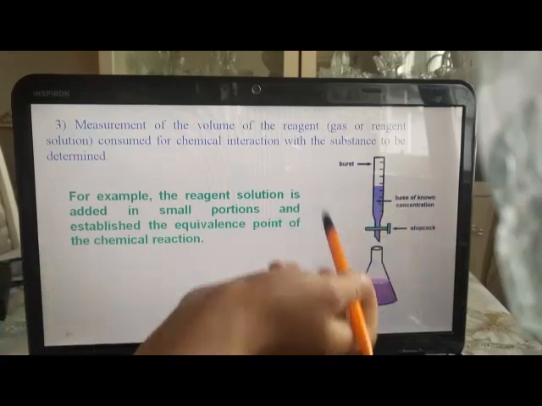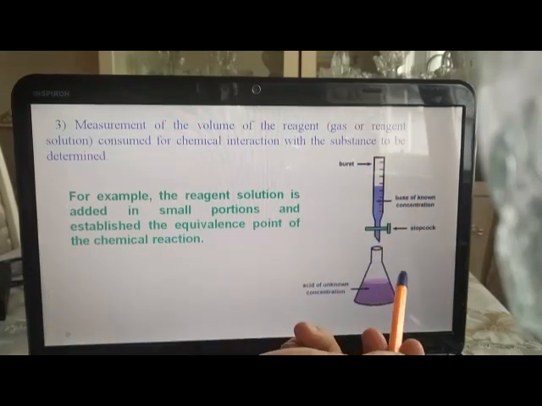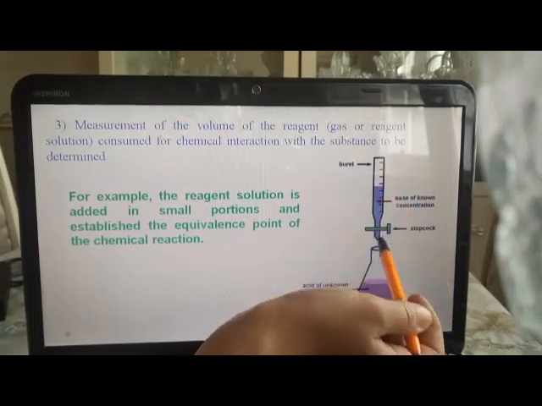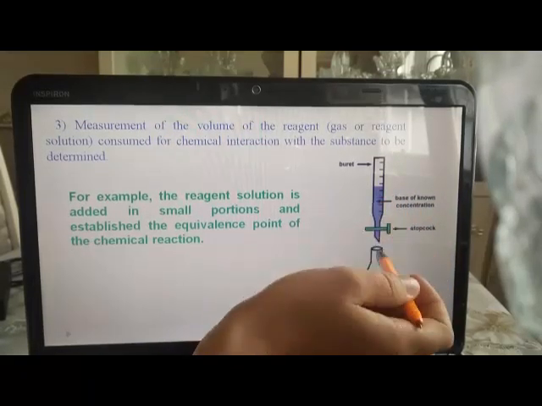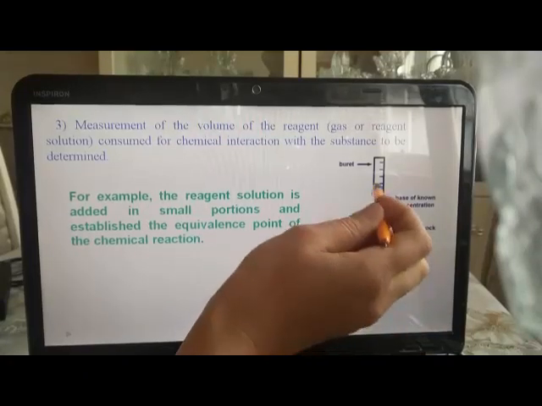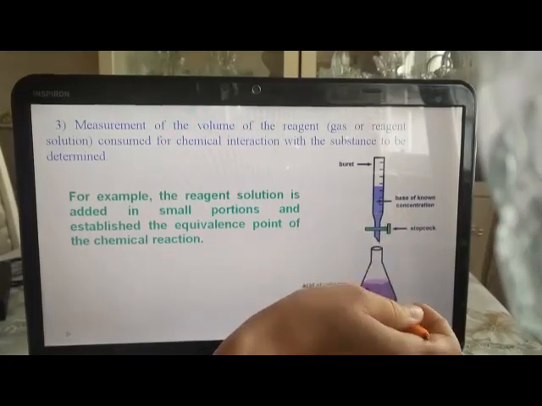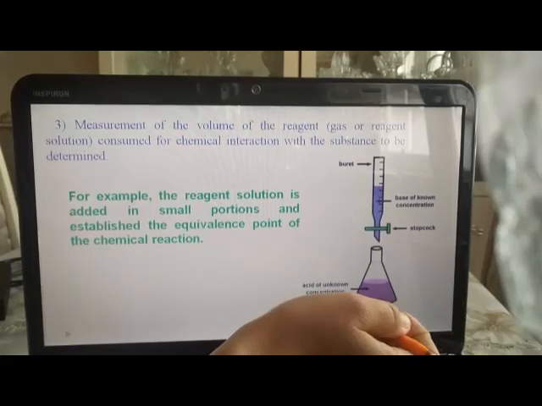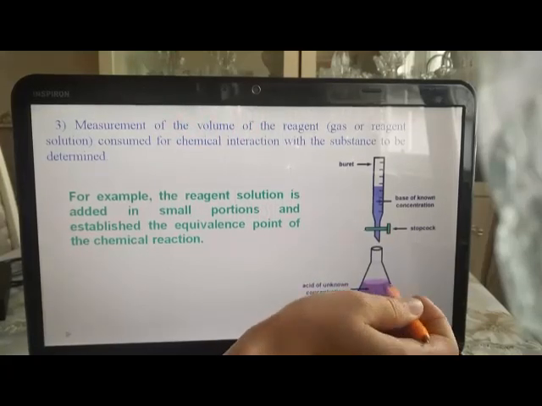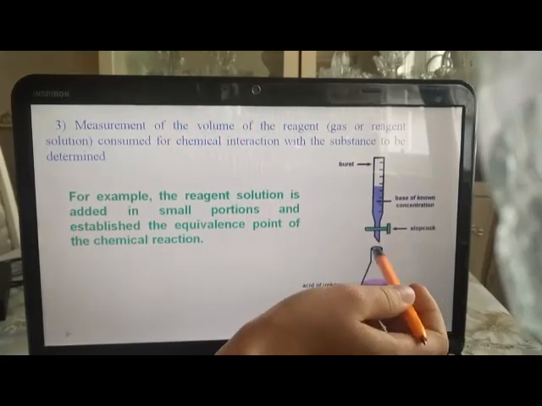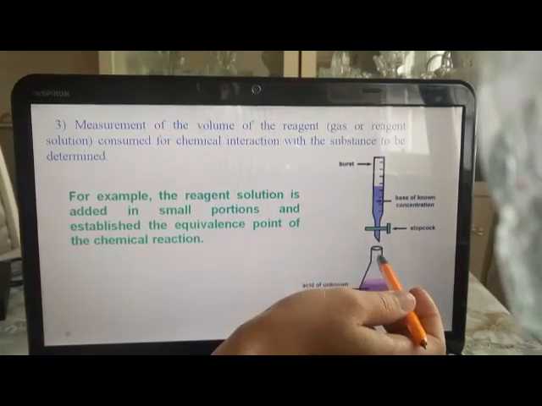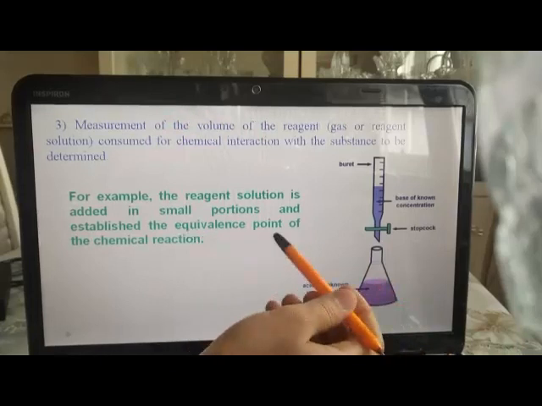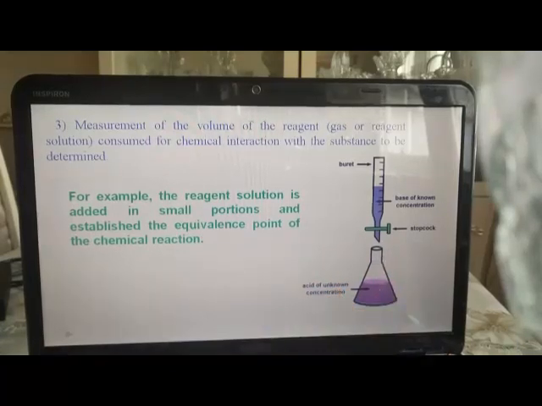In the picture, we can see the titration process in which from the burette, a chemical vessel, drop by drop we add titrant solution to the analyzed sample. In this case, for example, acid of unknown concentration. And in the titration method, as usual, for detection of the equivalence point we use some indicators.